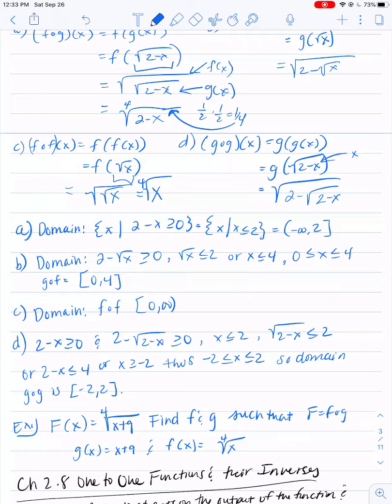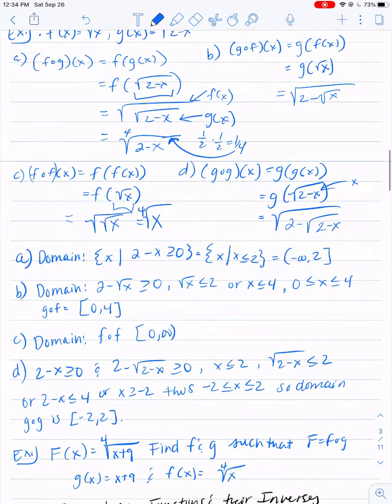So our x has to be less than or equal to 2. So our square root of 2 minus x has to be less than or equal to 2, or 2 minus x is less than or equal to 4, or x is greater than or equal to -2. Therefore, x is between -2 and 2. So our domain is going to be -2 to 2.